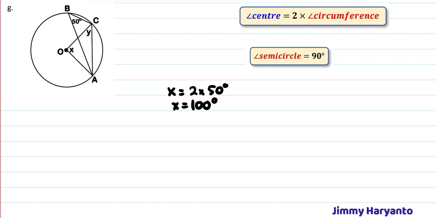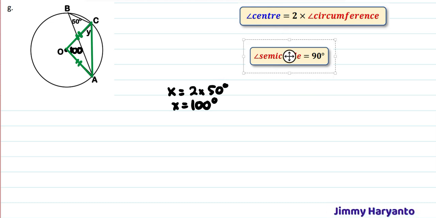Okay, after we have 100 degrees, I will replace this by 100. And then I want you to see this triangle. To find the value of y, you can use this triangle. This one is the radius, and this one is also a radius. That means they are the same length. We already know that this is called an isosceles triangle, right?